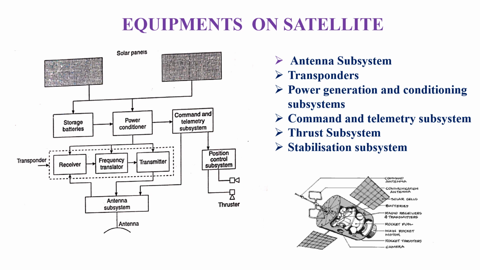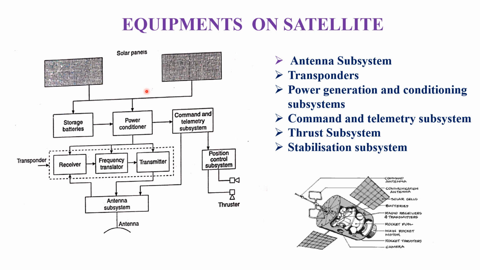So coming to the major topic, which is equipment on satellites, this block diagram represents the various electronic components present inside the satellite, that is antenna subsystem, transponders, power generation and conditioning subsystems, command and telemetry subsystem, thrust subsystem, stabilization subsystem.